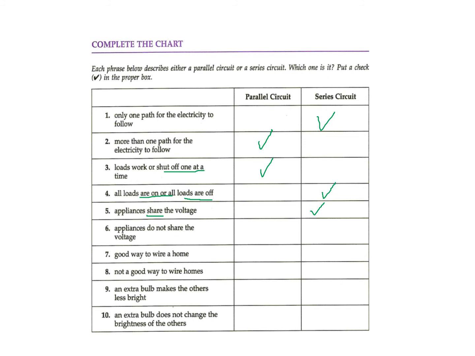They share the voltage. They share the $100. Do not share, parallel. Good way to wire a home, parallel. Not a good way to wire a home, series. Extra bulb will give it less light, series. Does not change the amount of light, parallel. Okay, so that's a summary of this table.